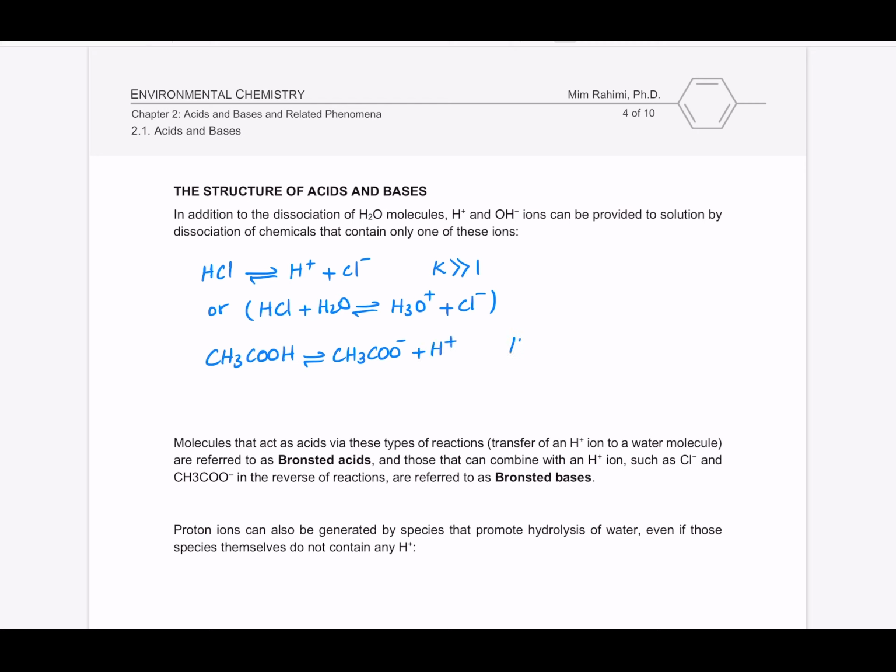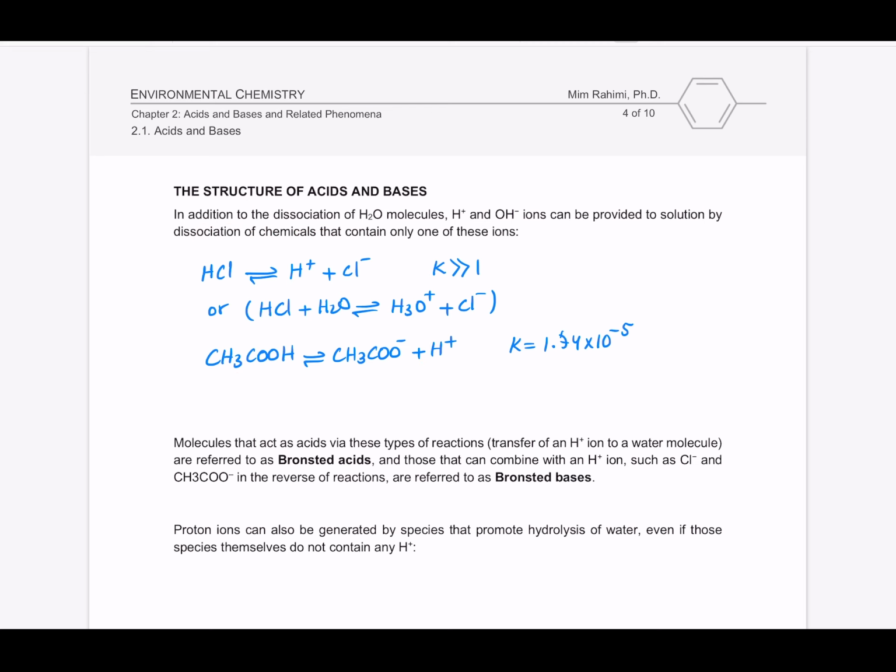This time the K value is a very small number. So the difference between the two: if you add 1 molar of this, you get roughly 1 molar of proton. But here, if you add 1 molar of acetic acid, you might get a tiny amount of H plus to the system. But still, you're introducing H plus by introducing this species.